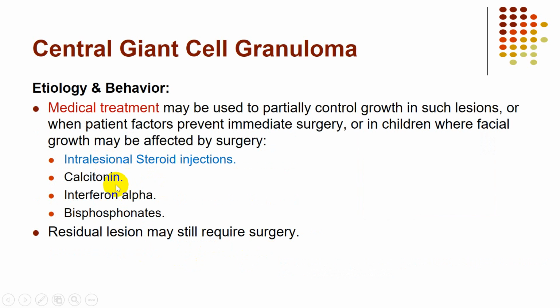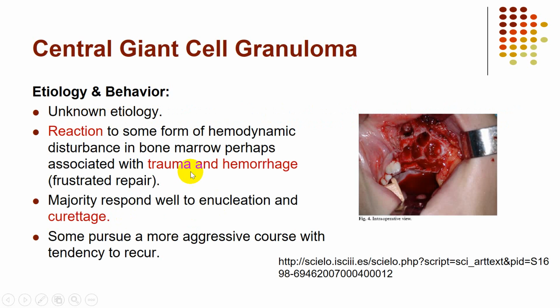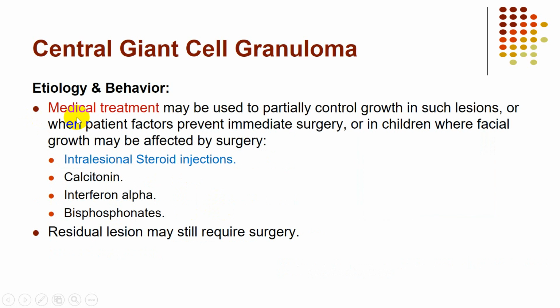Also, they talked about calcitonin and bisphosphonates that might help in reducing the extensive size of the aggressive central giant cell granulomas. So treatment is usually surgical, but in some cases they will need medical.